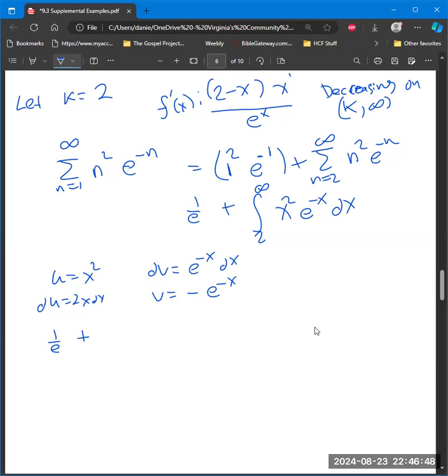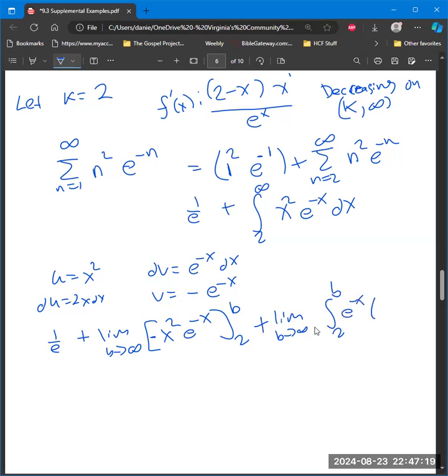Plus, let's see, uv, the limit as b goes to infinity of negative x squared e to the negative x from 2 to b, plus, or minus, the limit as b goes to infinity from 2 to b of v times du.